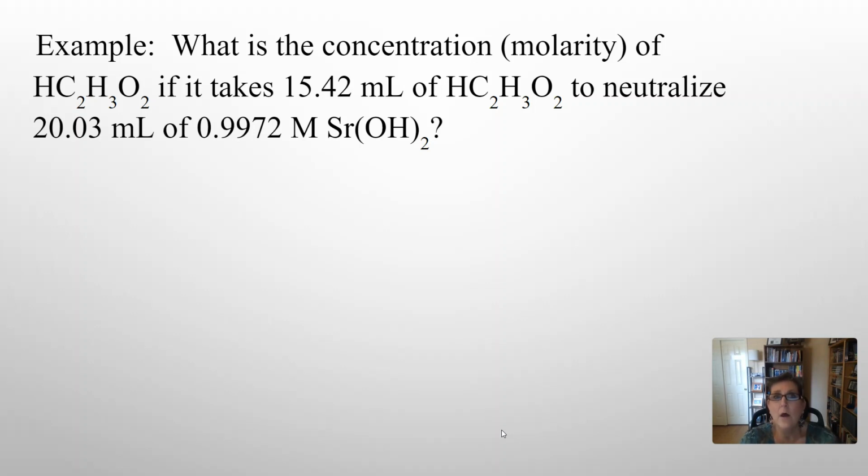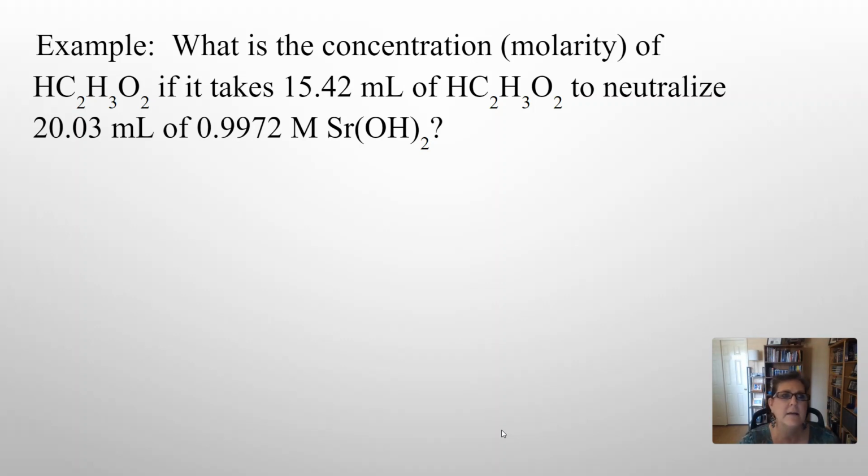Again, wow, I know this is very complicated. So we know the volume of vinegar. We know the volume of strontium hydroxide, and we know the molarity of strontium hydroxide. So what we're missing is the molarity of the vinegar. HC2H3O2 is acetic acid. I call it vinegar.